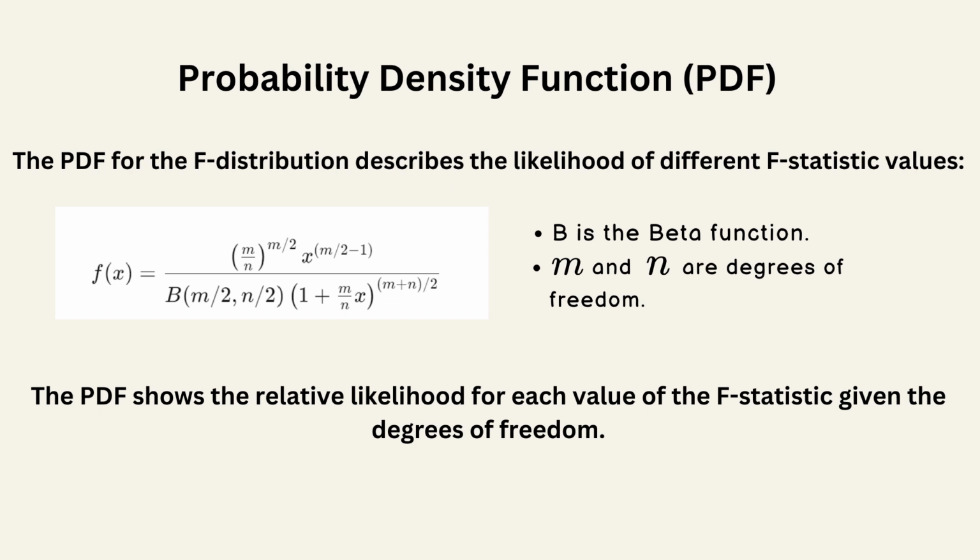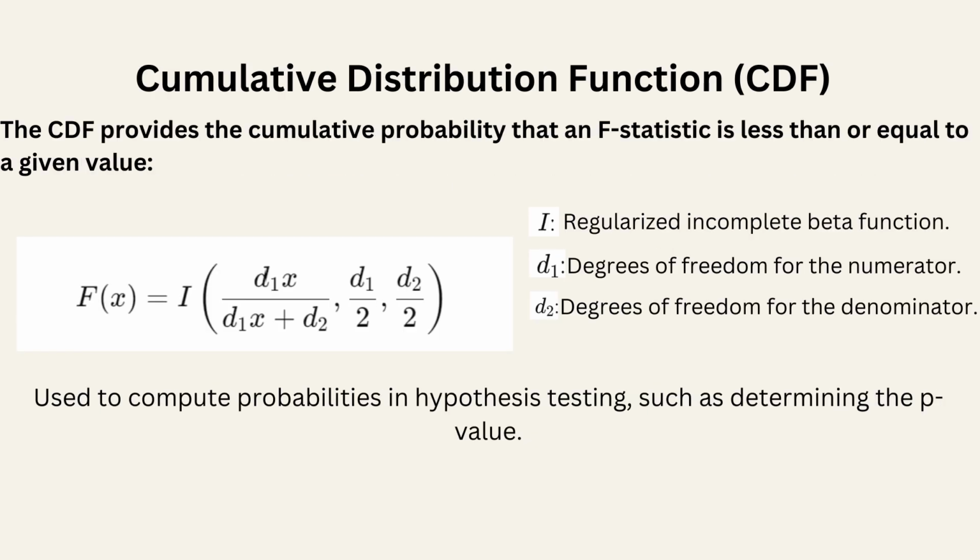The PDF shows the relative likelihood for each value of the F statistic given the degrees of freedom. Now let's move on to the cumulative distribution function, or CDF. The CDF provides the cumulative probability that the F statistic will be less than or equal to a specific value. It is particularly useful in hypothesis testing because it allows us to determine p-values, which are essential for making decisions about our null hypothesis.